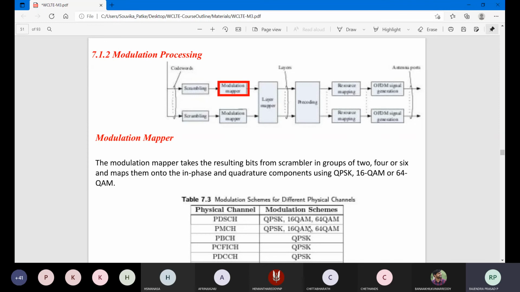These are the different schemes used for mapping for these channels. You have the paging channel, the broadcast channel, whatever different channels we have observed in the physical layer, and they are supported by these different schemes.